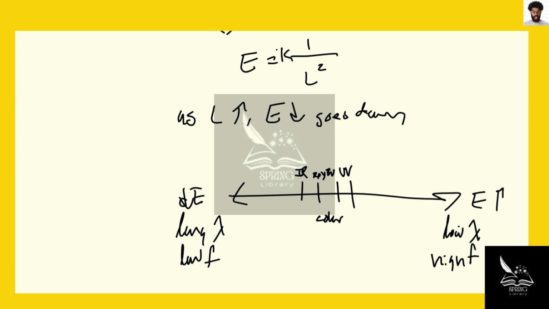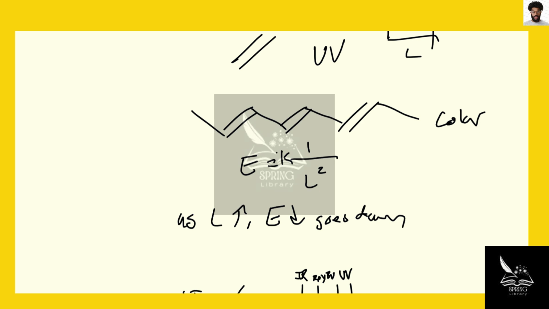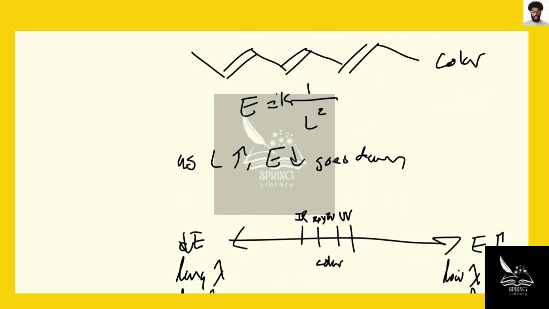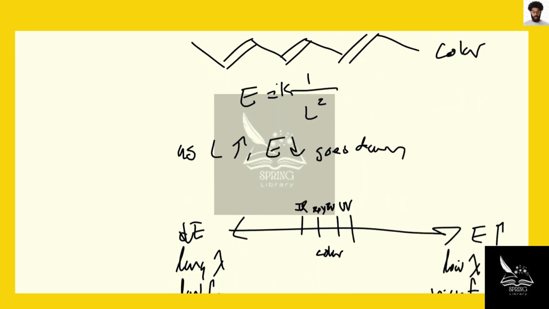So what we're seeing is that as N increases in our conjugated dienes, meaning we add more and more of these double bonds and lengthen the chain, the color goes from ultraviolet when N equals 2, to yellow when N equals 5, to orange when N equals 8, to red, right?